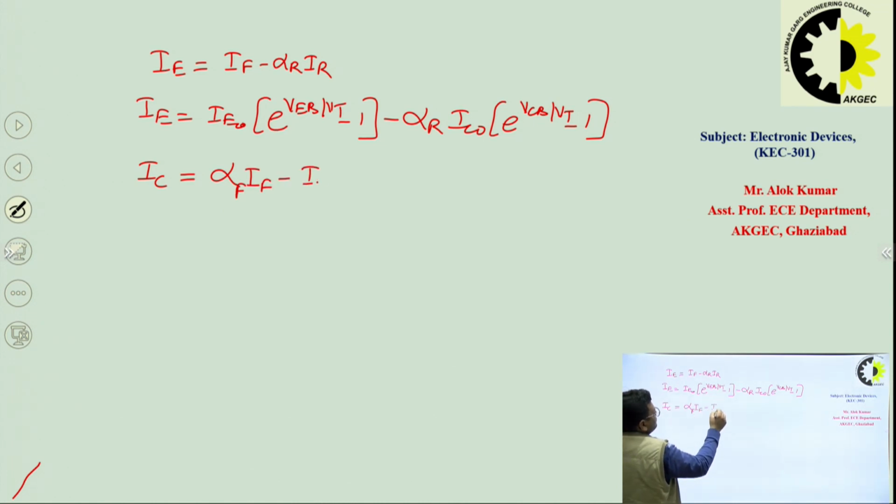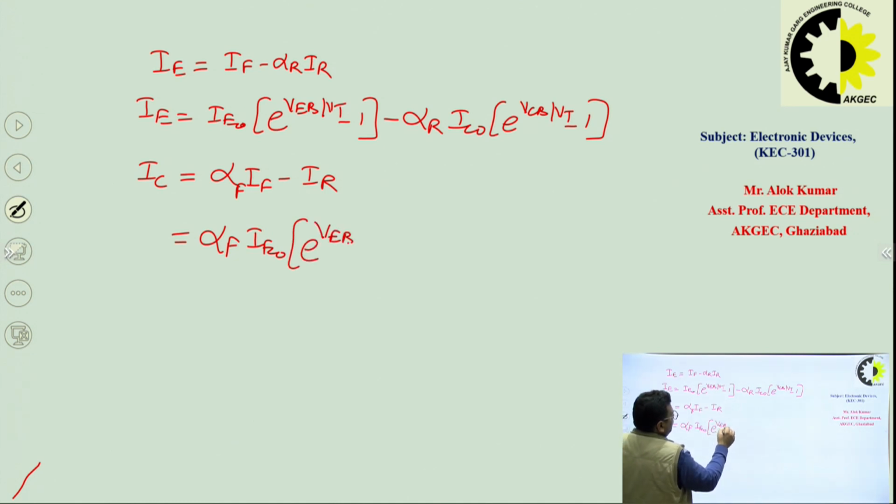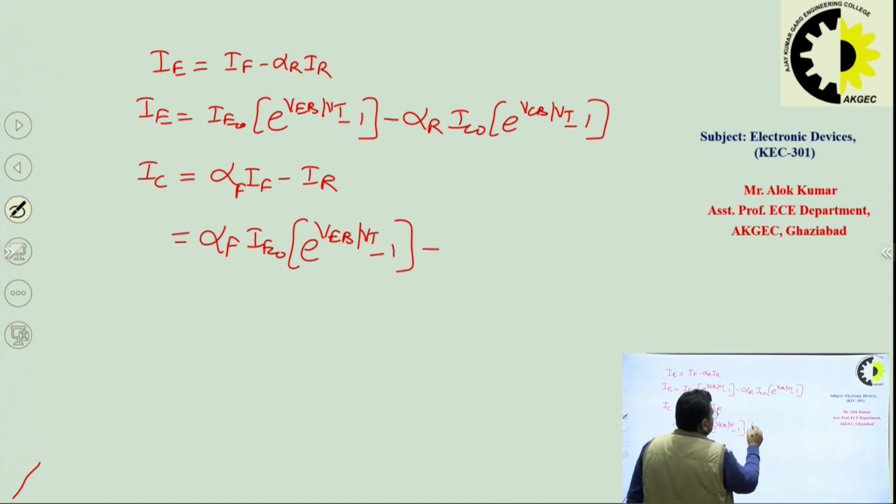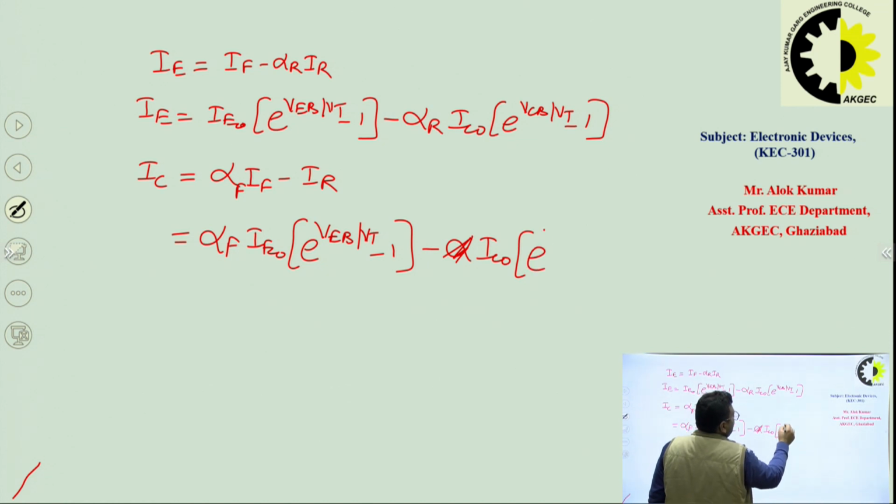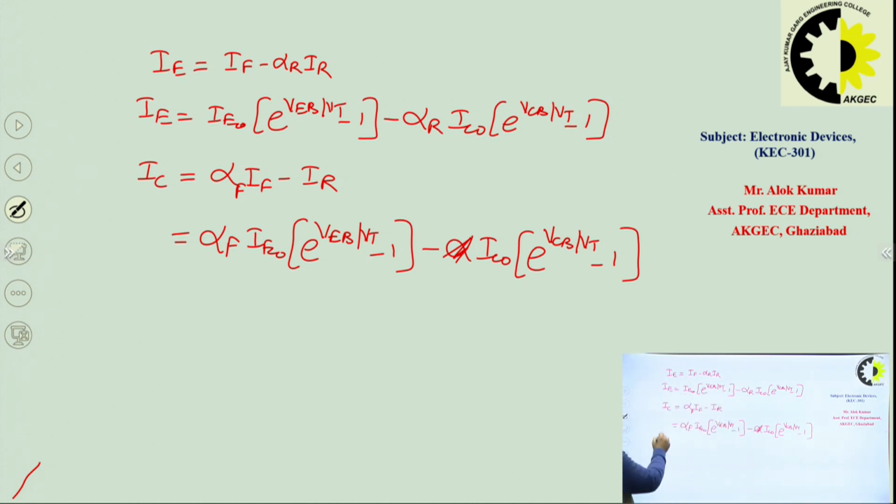So here if I put the value of IF, it will be IE naught into e to the power VEB over VT minus 1, and minus alpha R IR. The value of IR is IC naught into e to the power VCB over VT minus 1. So this should be the value of IC.